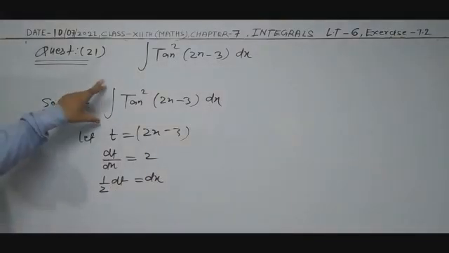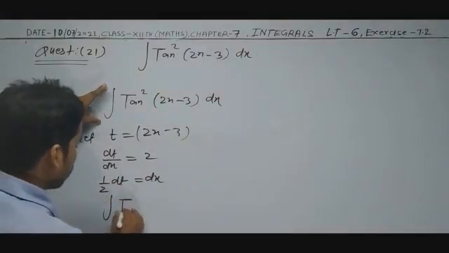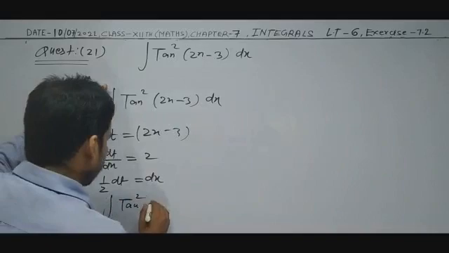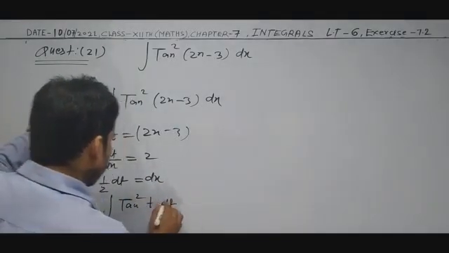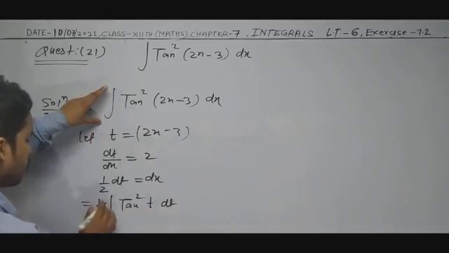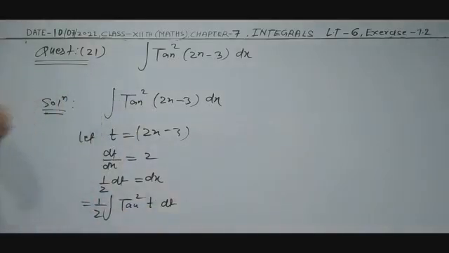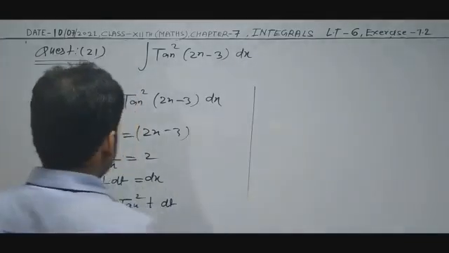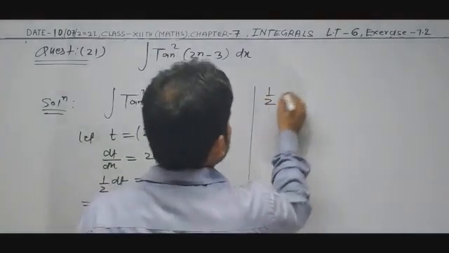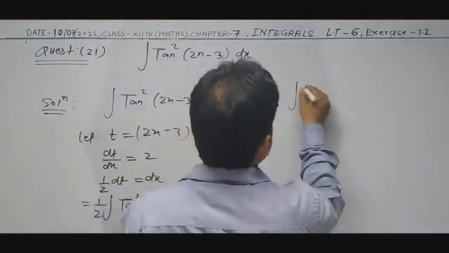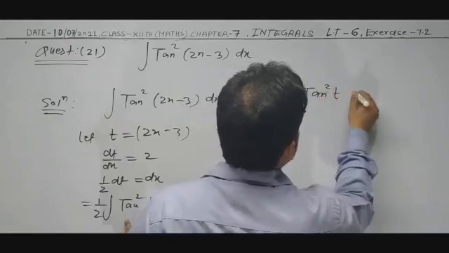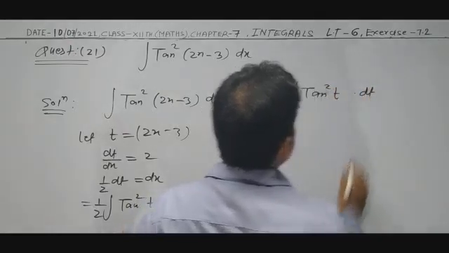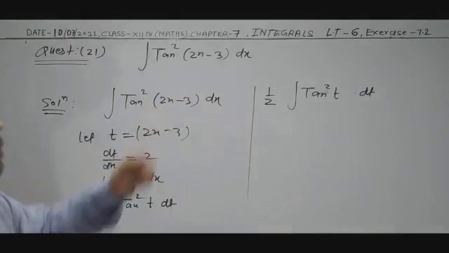So the integration converts to integration of tan square t dt, and the 1 by 2 will be outside the integration. So 1 by 2 integration of tan square t dt, and now you can convert tan square t in terms of sec square t.